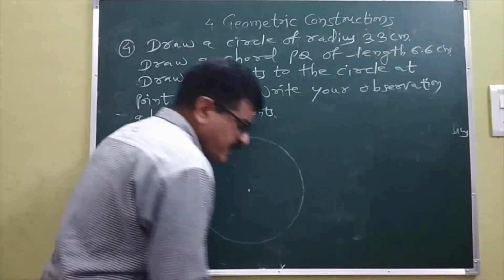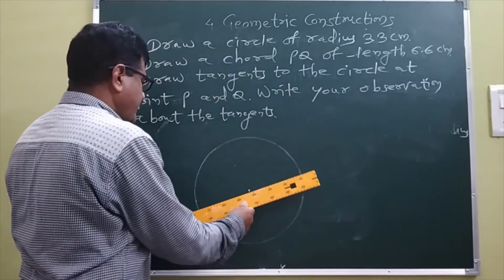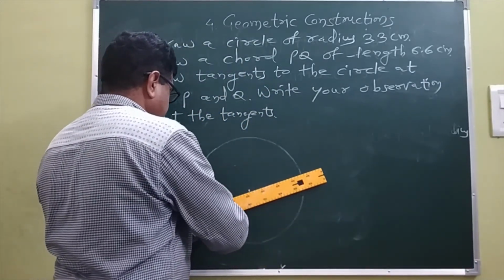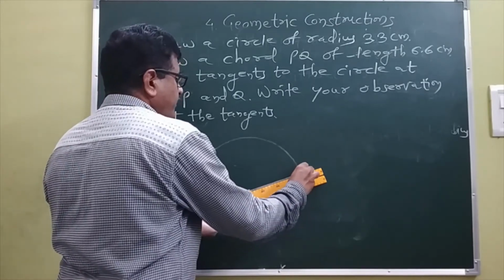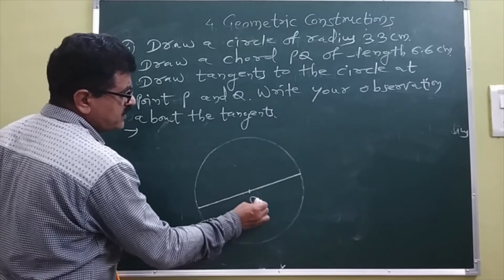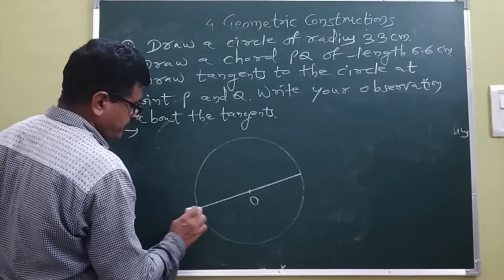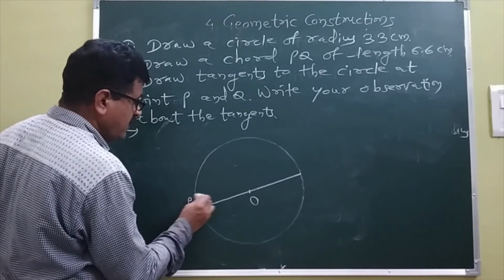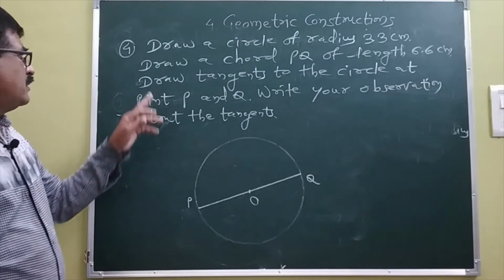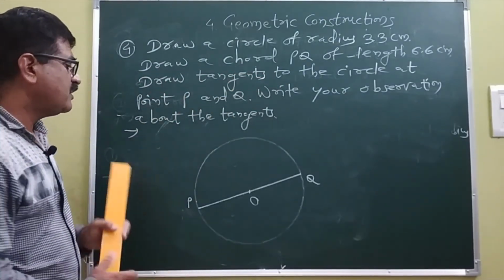Therefore, join any two points passing through the center. Suppose O is the center of the circle, this point is P and this point is Q. Draw chord PQ of length 6.6 centimeter.